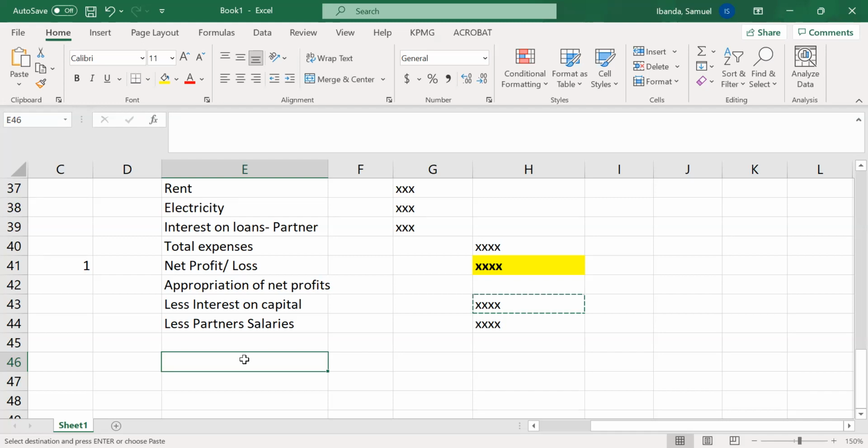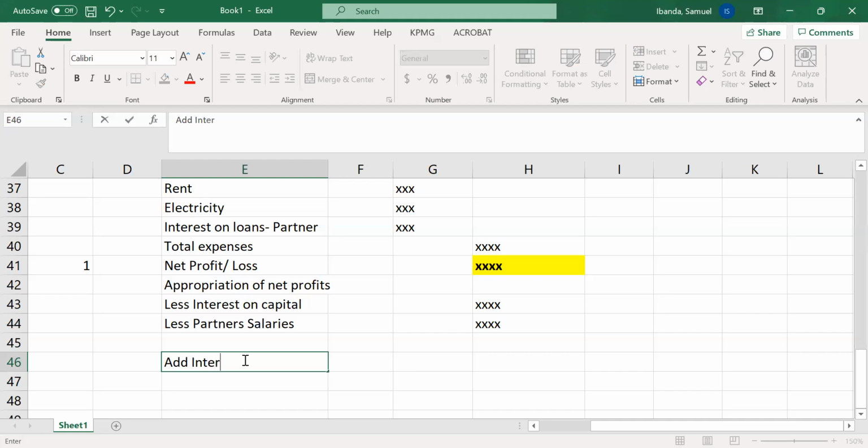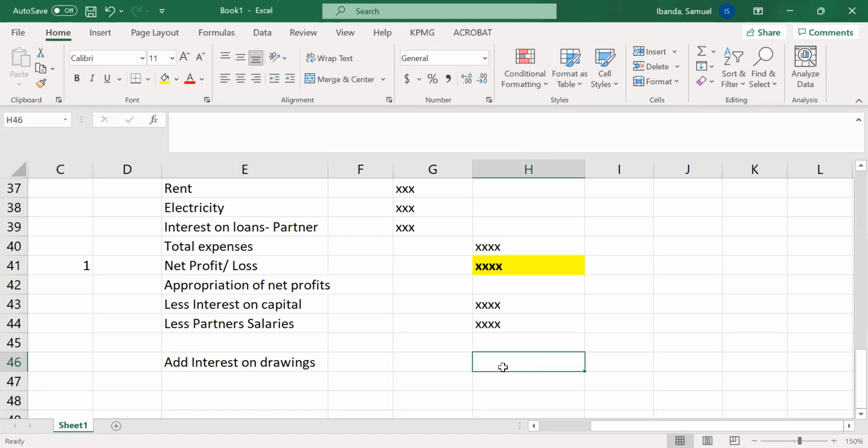If it's in a vertical format, we are going to add our interest on drawings. Why we are adding our interest on drawings is because this is a benefit. This is in addition to the net profit. These amounts are a benefit to the partners that is yet to be shared, because the partners themselves who have drawn money bring in money back with interest, and this interest is in addition to what is to be shared. So that is why we bring it here.